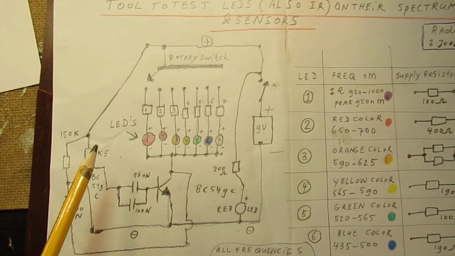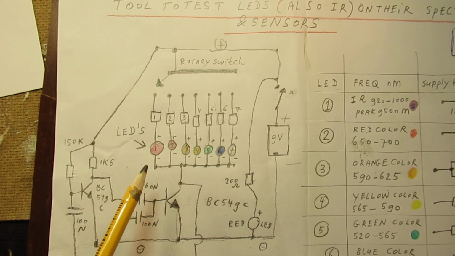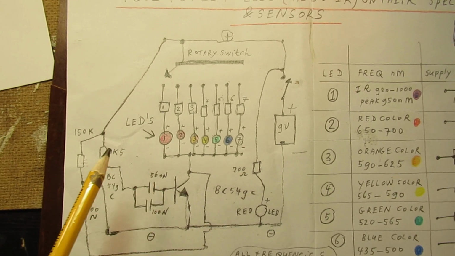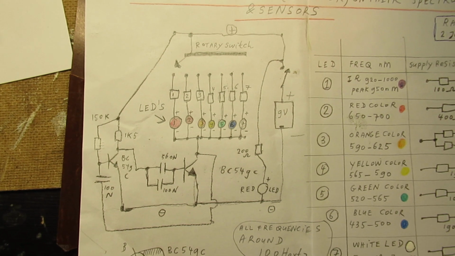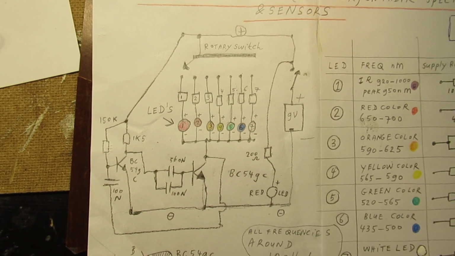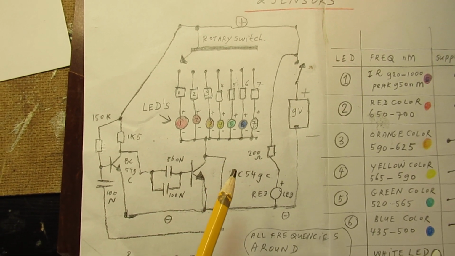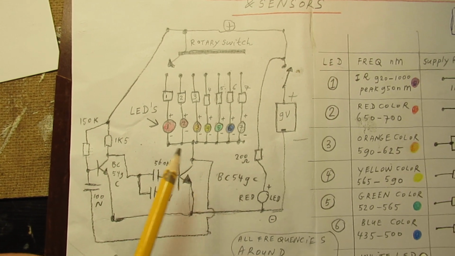Important is that the resistor to all these LEDs differs. It has everything to do with the exact voltage that such a LED needs to work properly, to give us a certain amount of light. That differs. And why does that differ?